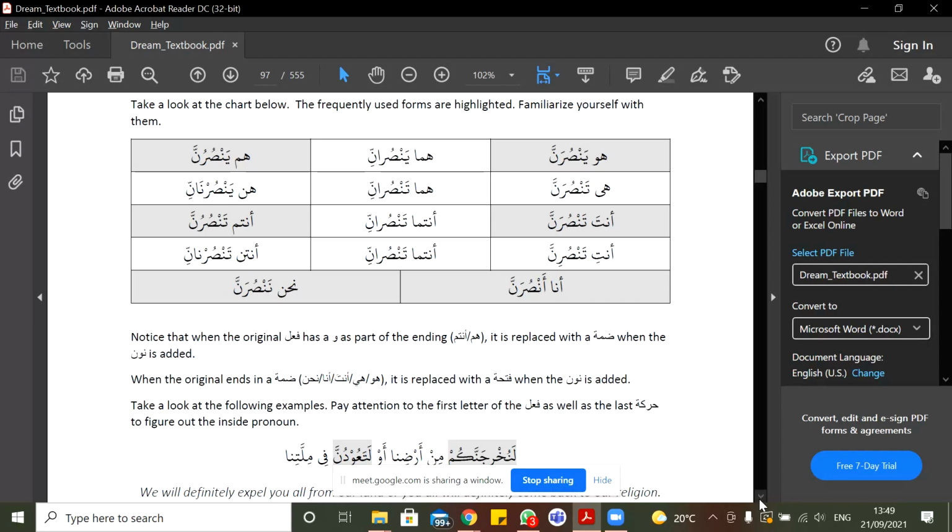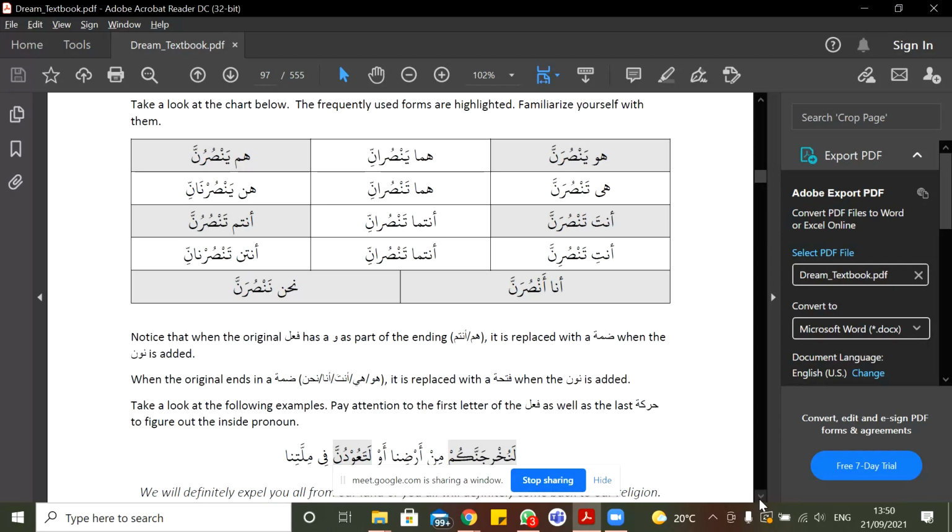Okay, future. So now tell me, we will surely expel you, and then when we have la again, what is the kind of emphasis? More. So surely will become what? Definitely. See how the word definitely comes here.